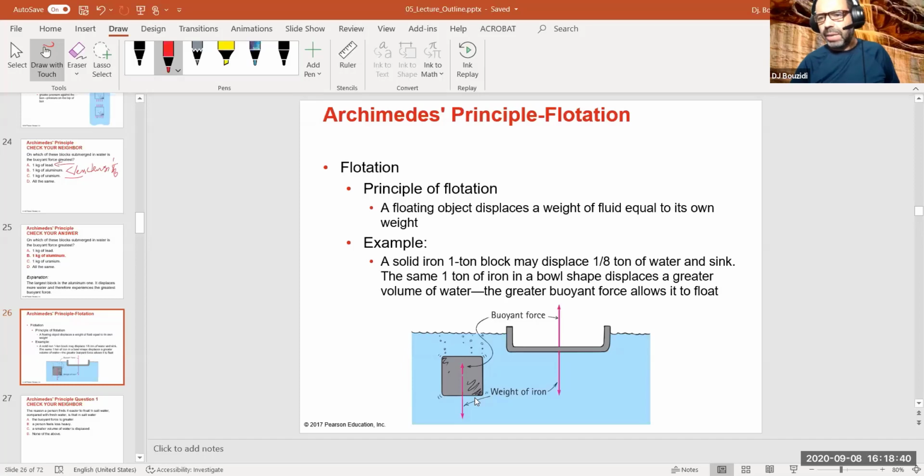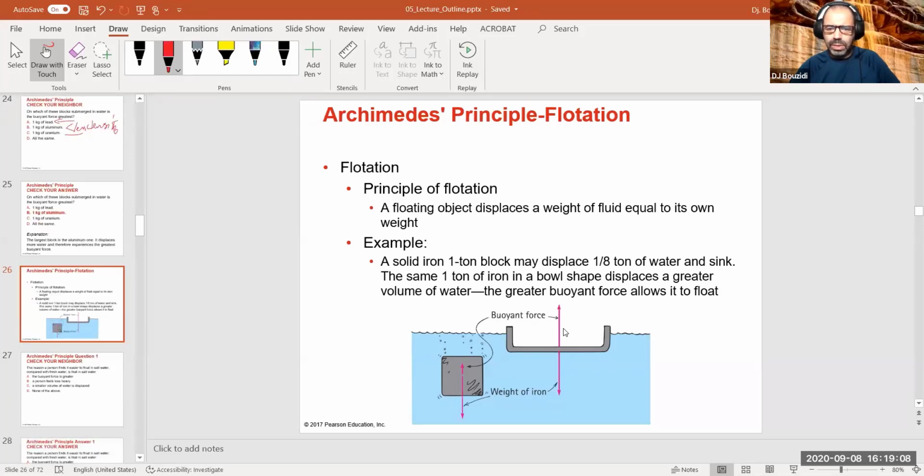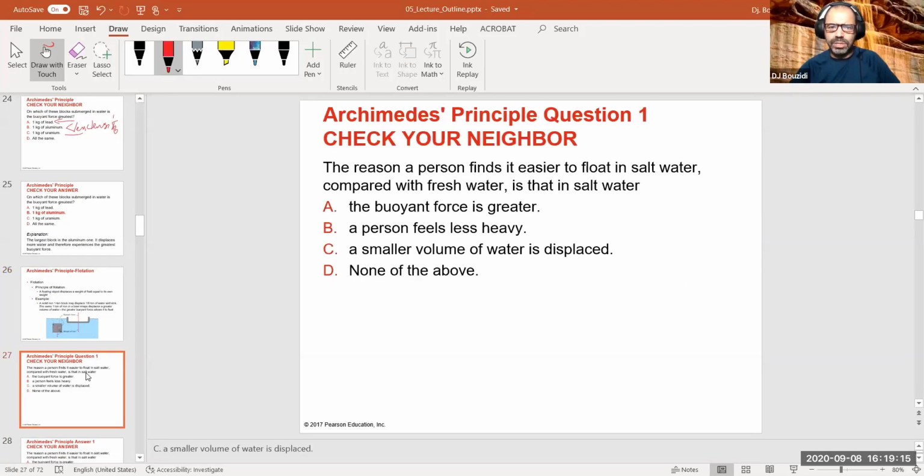So the shape matters because the 1 ton of iron is still the 1 ton of iron, but when you spread it throughout a bigger volume, it looks like you're displacing more liquid, in which case you increase the buoyant force. But if you put them in a lump sum like this one, iron will sink. That's why you can engineer boats that are made out of iron, travel the seas and take goods from country to country.